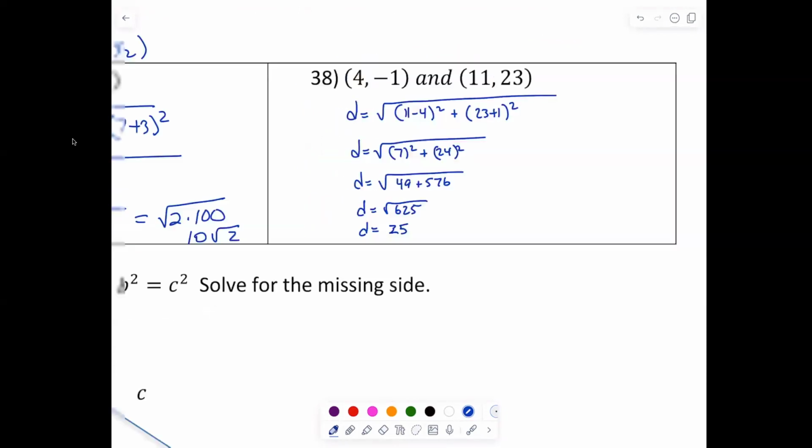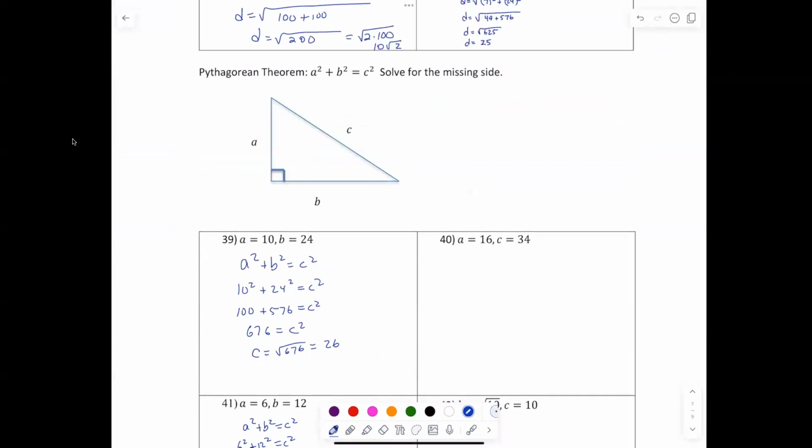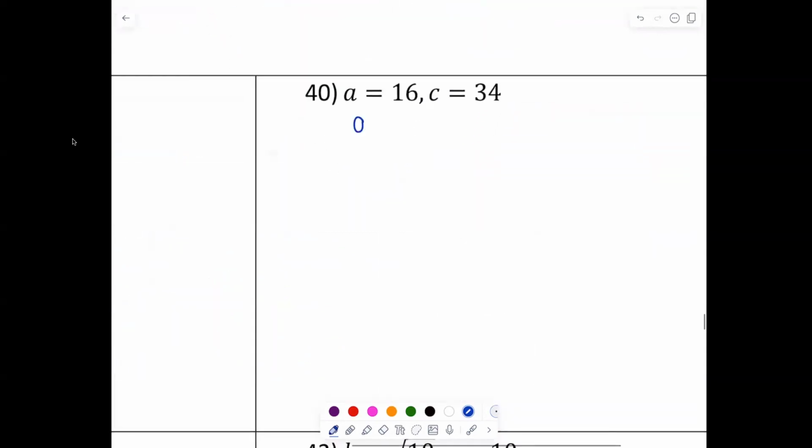All right, here we go. Now remember your right triangle there, a squared plus b squared equals c squared. So again, I would write it a squared plus b squared equals c squared. 16 squared plus b squared equals 34 squared. 256 plus b squared equals 1156.